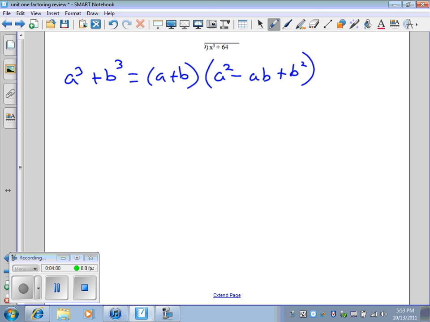Now, if a is x and b is 4, then 4 to the third power will give me 64.